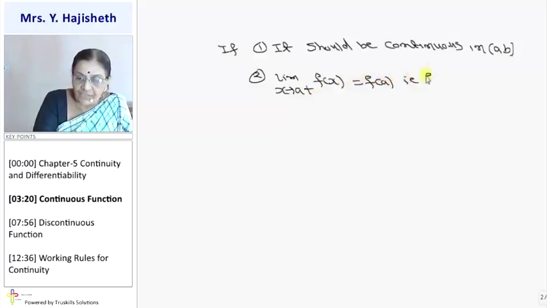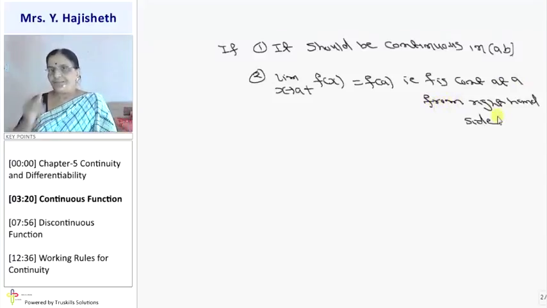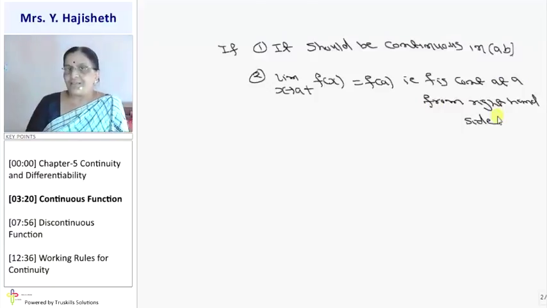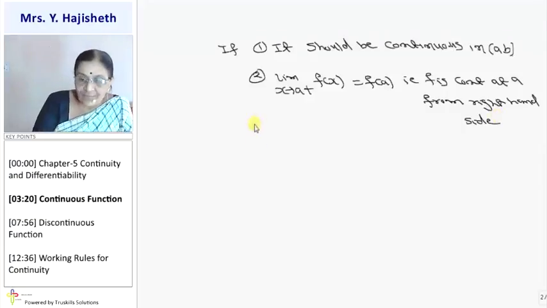That is, f is continuous at a from the right-hand side. Less than a is not defined. So the second condition is limit x tends to a plus of f(x) is f(a). And third, limit x tends to b minus of f(x) is f(b).